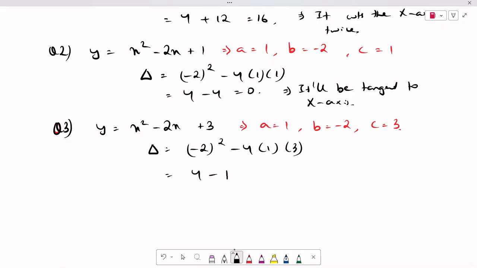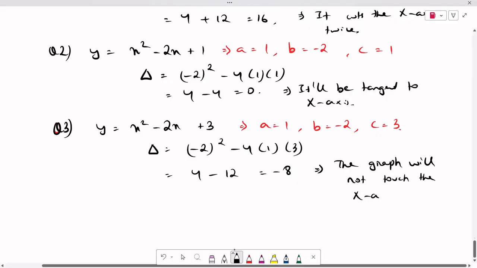That's 4 - 12, which is -8. So the graph will not touch the x-axis. Okay, so I hope that was clear.